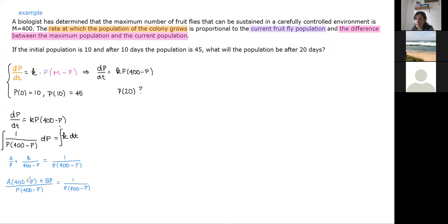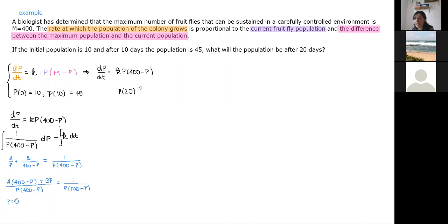but because it has to be true for any value of p, it has to be true for particularly two values of p, which we're going to use in this case in order to find what a and b are going to be. So first, if p is equal to 0, and I'm going to choose p is equal to 0 because that way I know that I'll be able to get rid of the second term over here, and I'll only have to worry about the value of a.